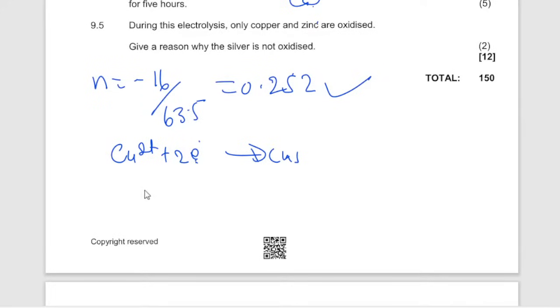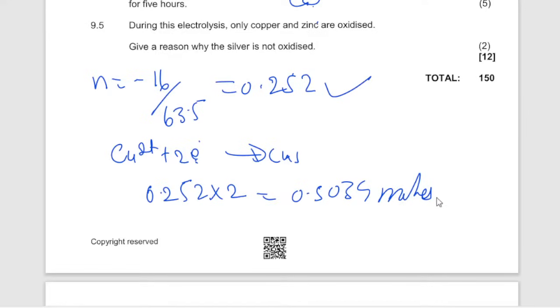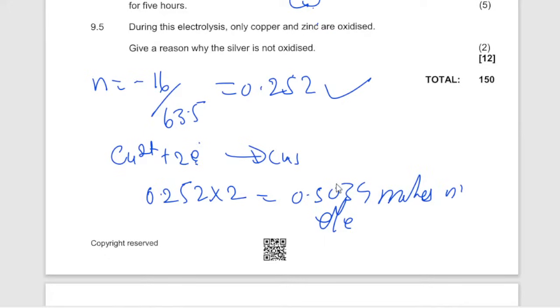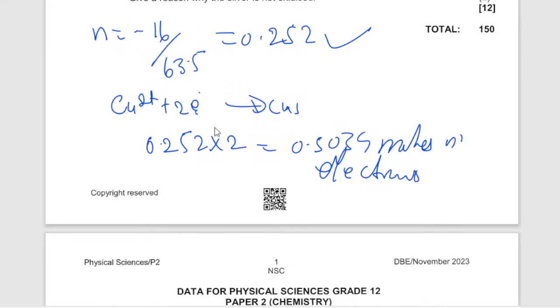Therefore, 0.252 times 2 gives me 0.5039. These are the moles of electrons needed for that reaction to take place.